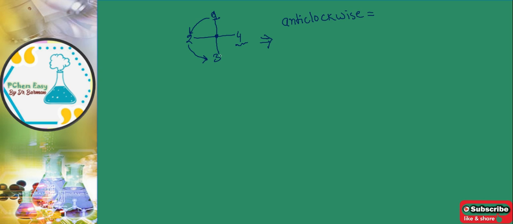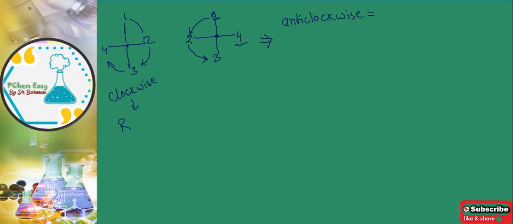or if it is clockwise, suppose it is like 1, 2, 3, 4. Now it is moving in the clockwise direction. So if the atoms are arranged like that, 1, 2, 3, 4, see this, now it is moving in the clockwise direction. So that would be the R configuration.